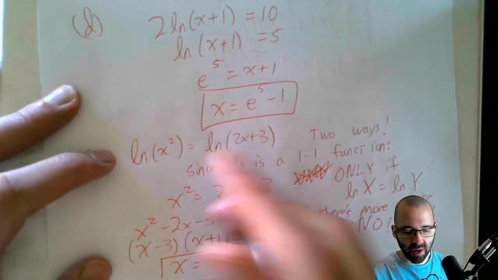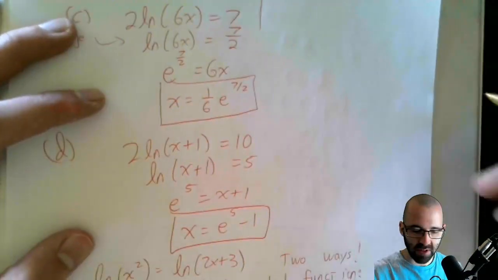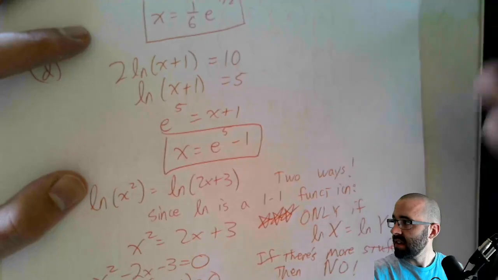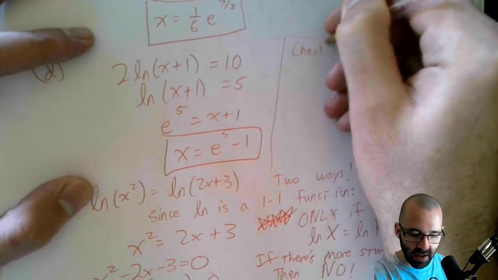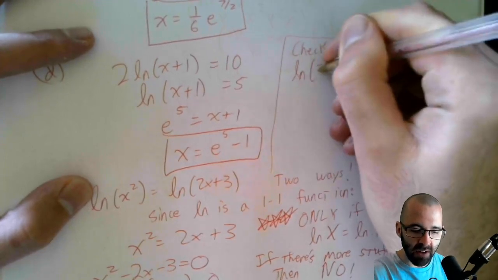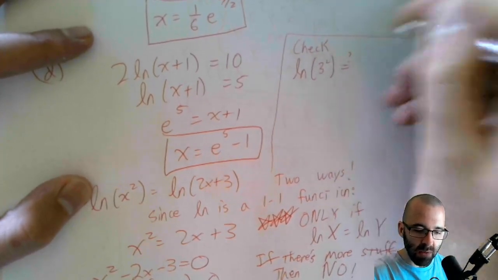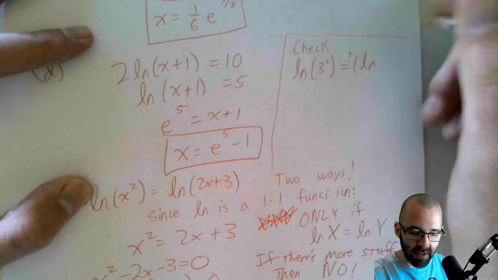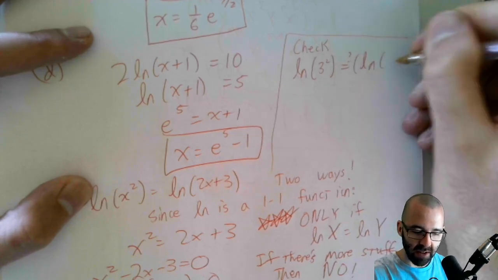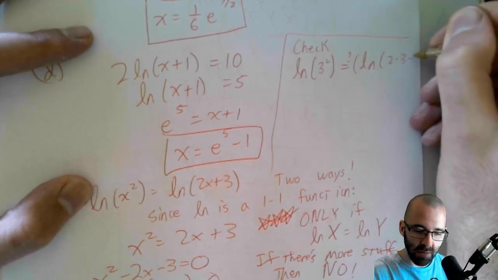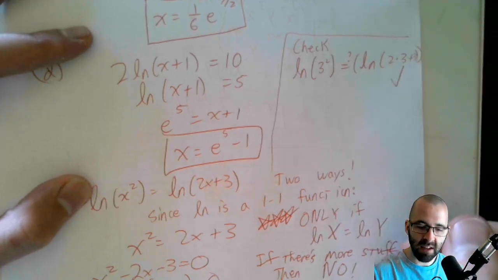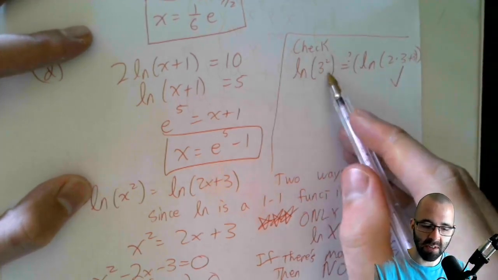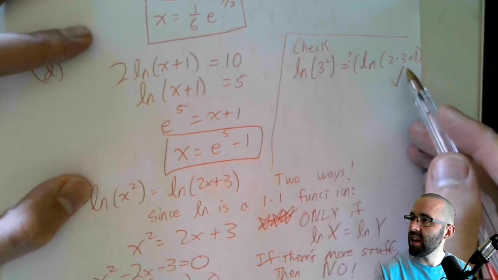So 3 and negative 1. Let's check those over here because I don't have room. If it's 3, is the natural log of 3 squared equal to the natural log of 2 times 3 plus 3? Check that. It will, right? Natural log of 9 equals the natural log of 9. We're good.